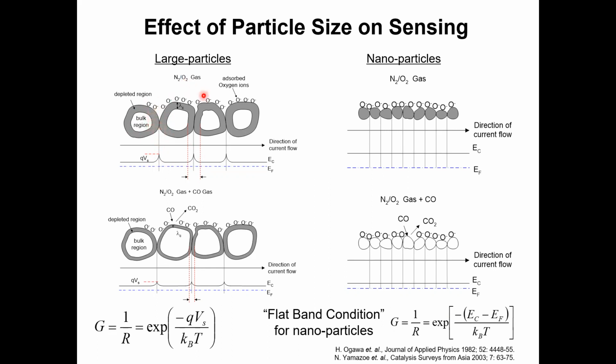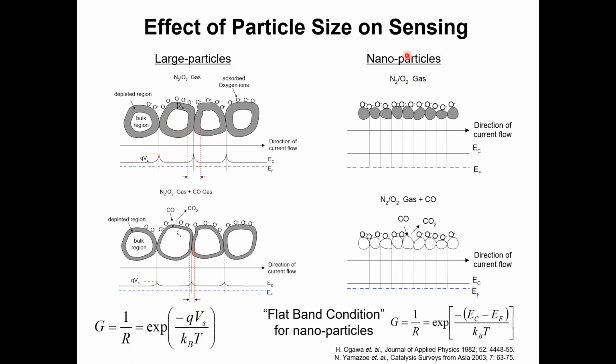And then as you introduce it to the target gas, then this depletion layer width decreases and you get change in conductance or change in resistance through this height of the Schottky barrier. So for large particle, the sensing is controlled by the magnitude of the Schottky barrier.